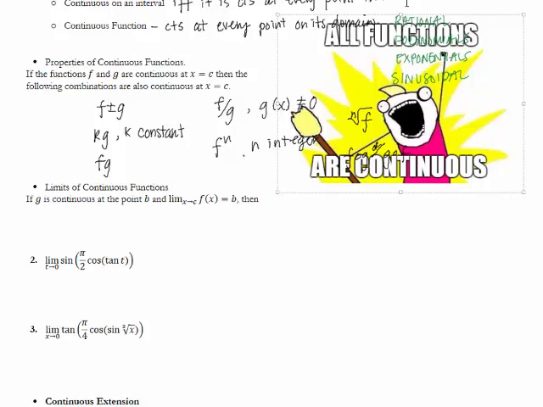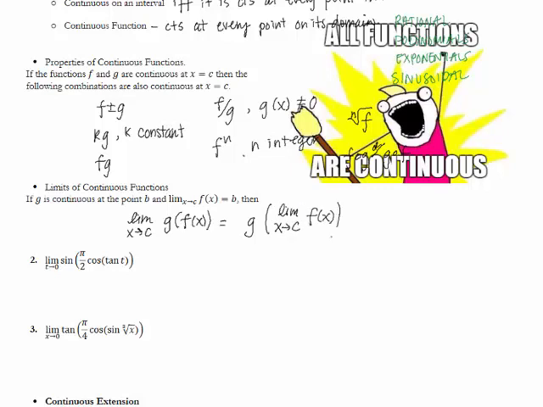So that's great news for us because the following idea allows us to take limits of continuous functions. If we have a continuous function g at the point b, and we know the limit of f is b, then we can say that the limit as x approaches c of a composition of functions g of f of x is g of the limit as x approaches c of f of x.